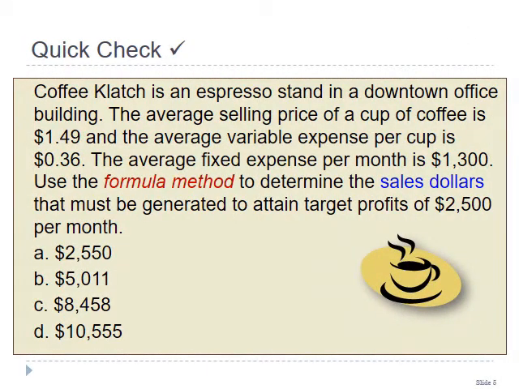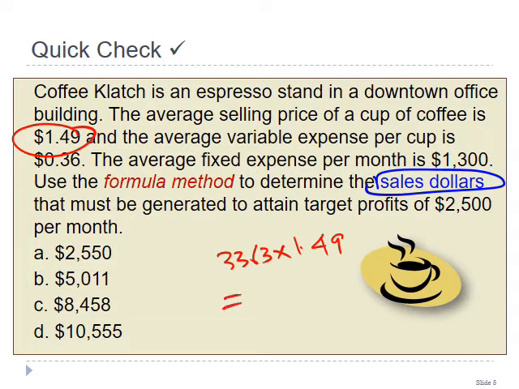So this is the extension of the same question. But in this case, we just want to find out how much the target sales is. We need to find out dollar sales. So it's simple. We know from our previous slide that the answer is 3363 cups. And what is the sale price? 1.49.